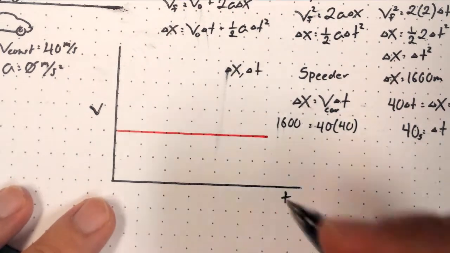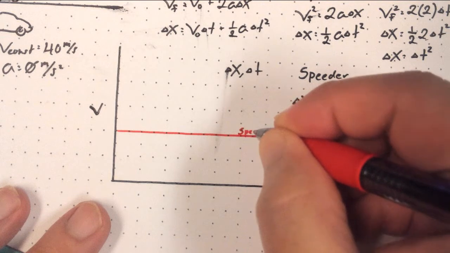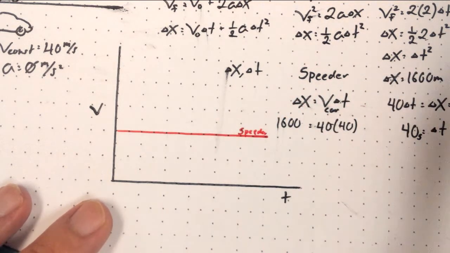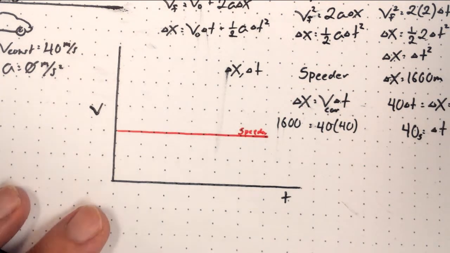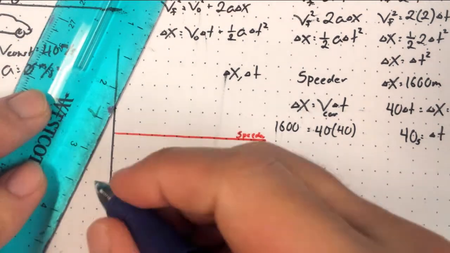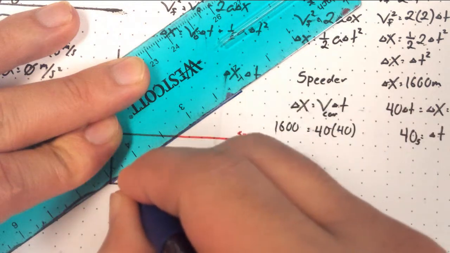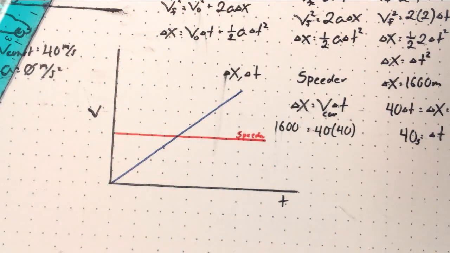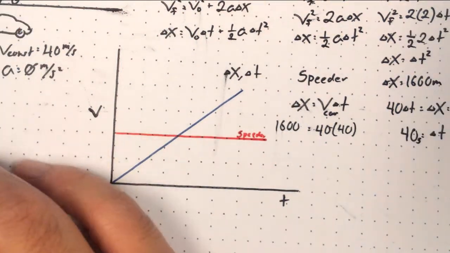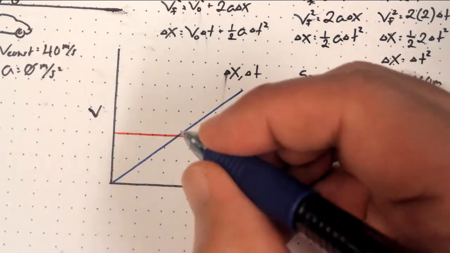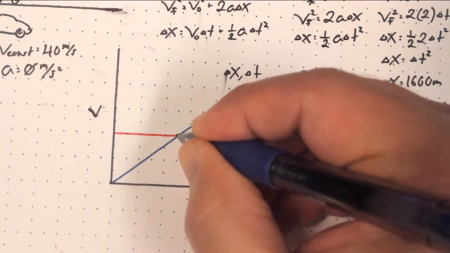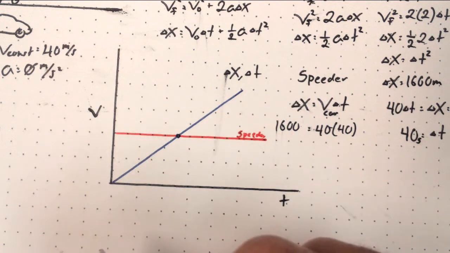Okay, so this is the speeder. The cop started off with a 0 velocity, but they were increasing it at a constant rate as time went on. Okay, and so to say that the time was only 20 seconds to catch up, that would mean that they were at the same speed, but they were definitely not at the same position.